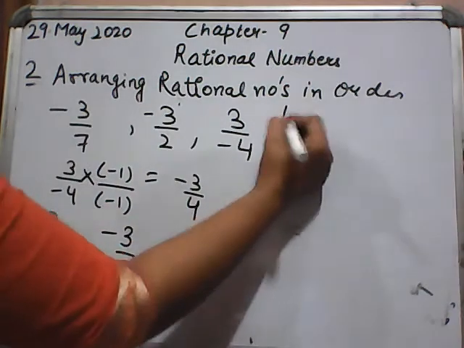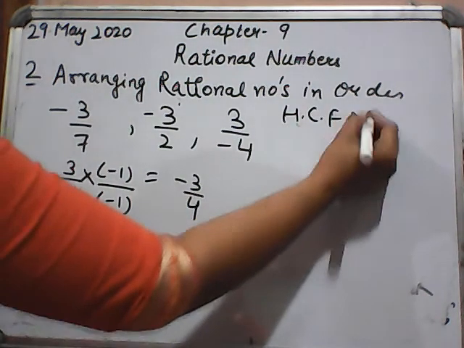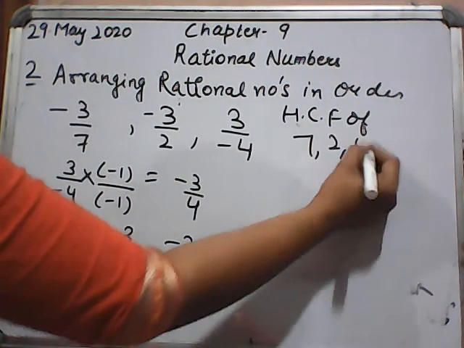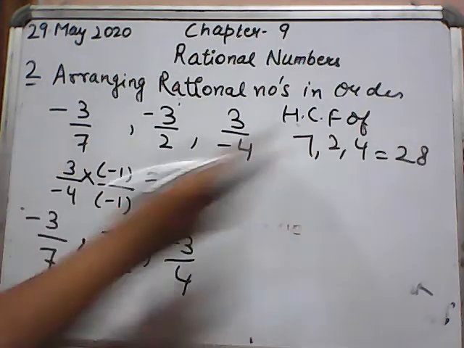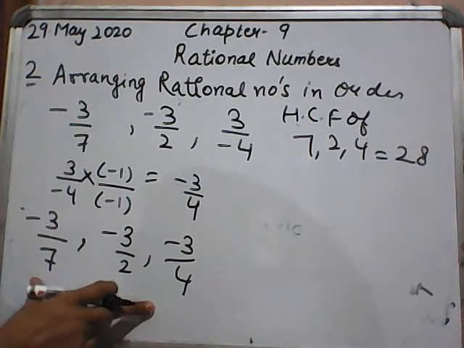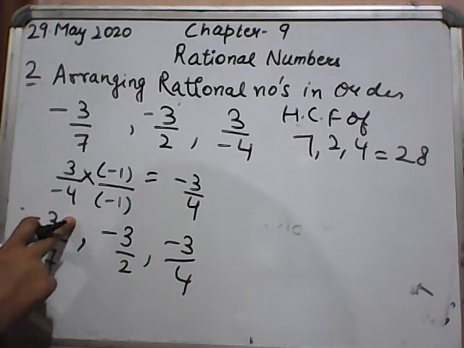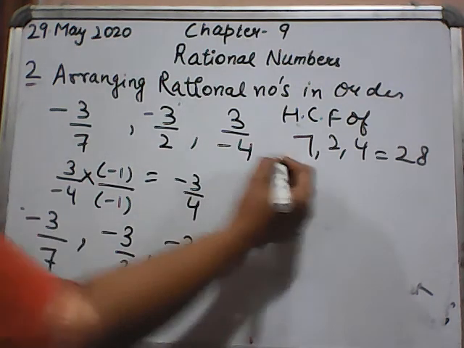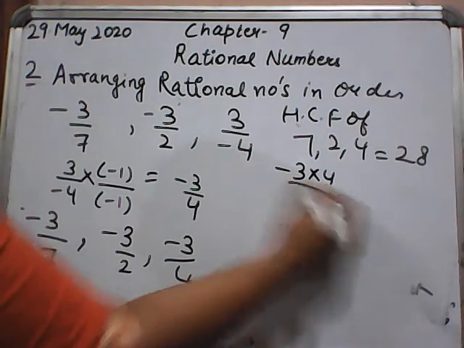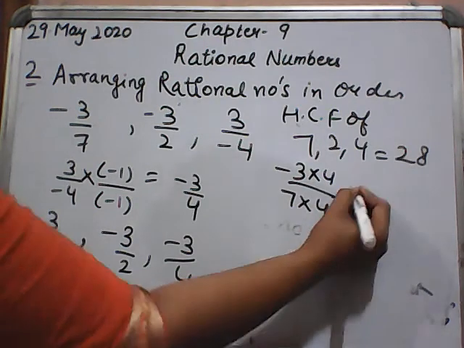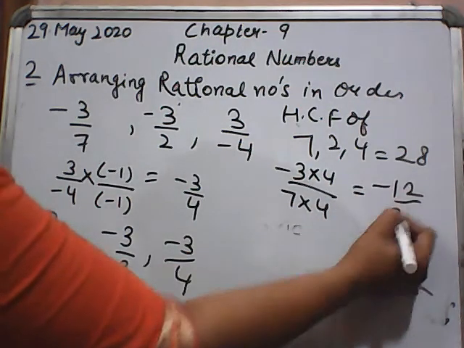What is the HCF of 7, 2 and 4? 28. Third step is write the denominator with HCF. How can we make 7, 28? If we multiply numerator and the denominator by 4. Minus 3 multiplied by 4, 7 multiplied by 4, we get minus 12 by 28.